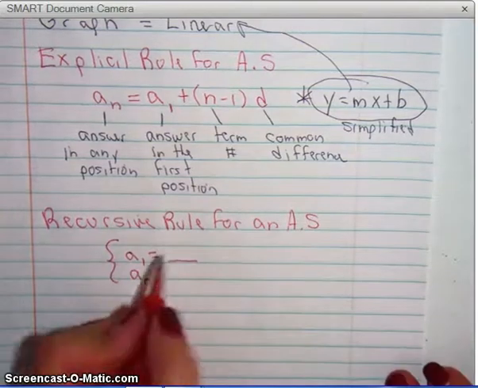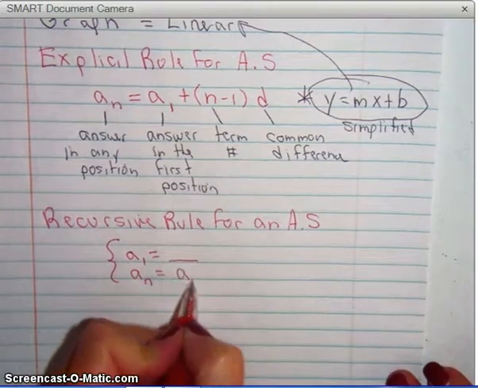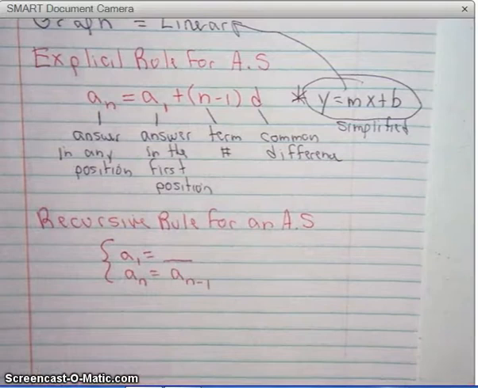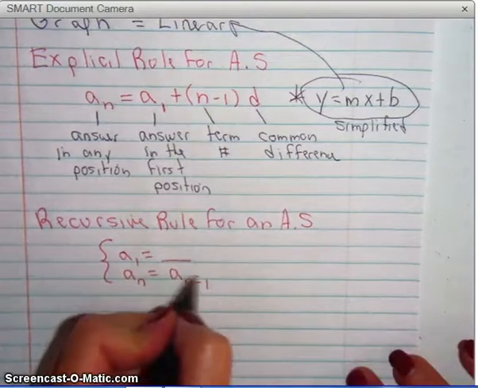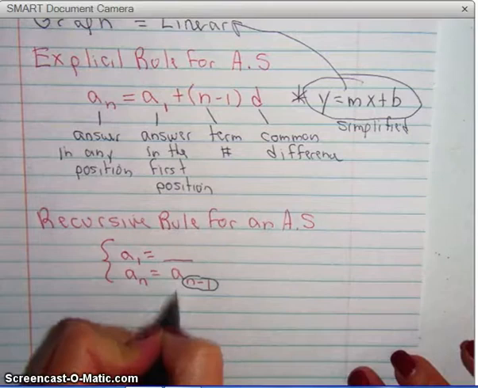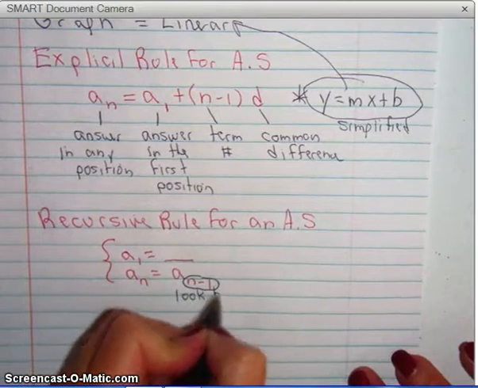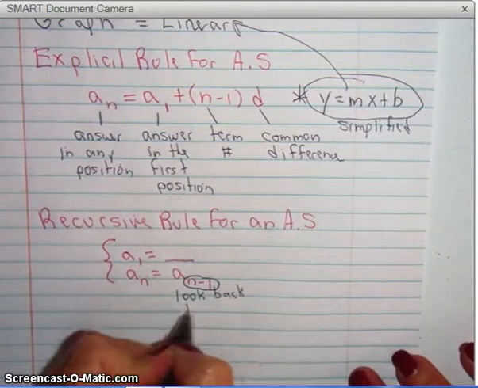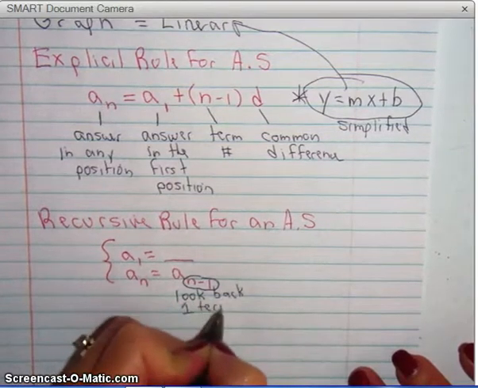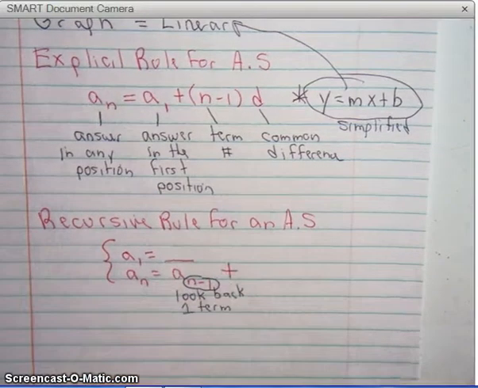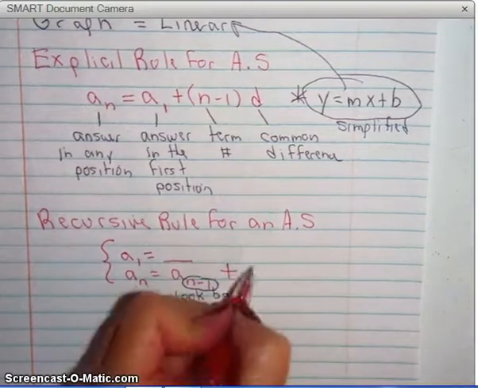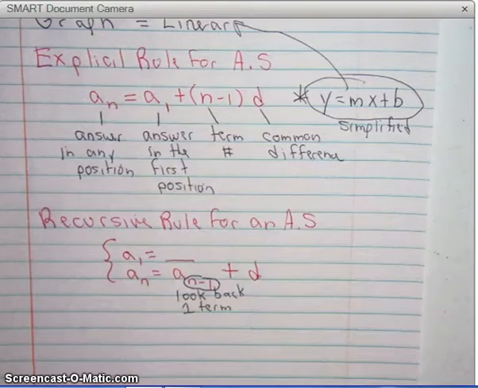Very good. So the recursive rule is a sub n minus 1. So look back 1 term. Remember, that's all that means, is look back 1 term, and add on d, the common difference.